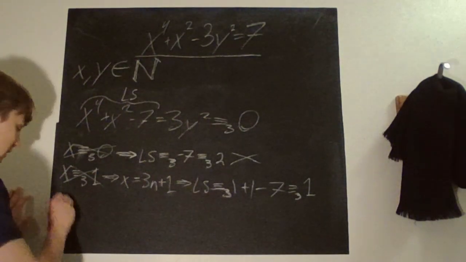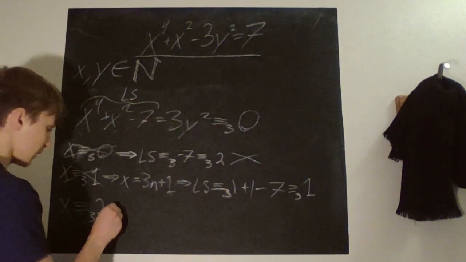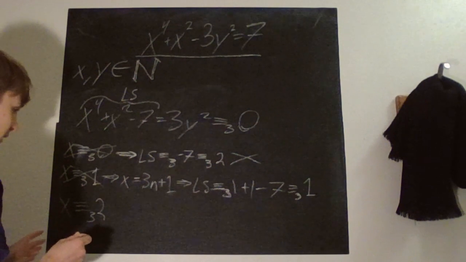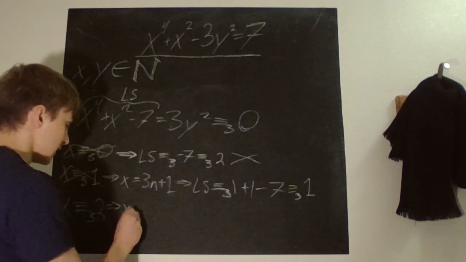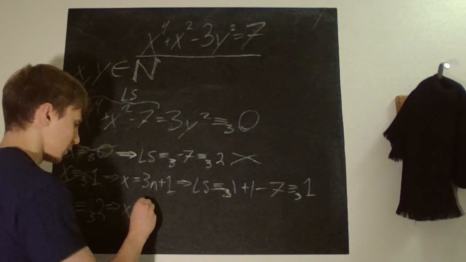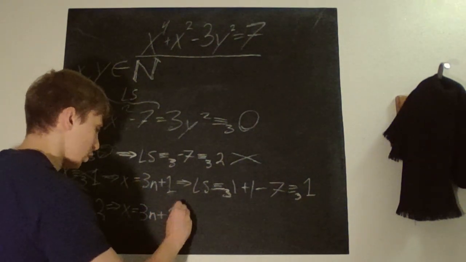And now for the last case, x modulo 3 is equal to 2. And here, I can just write down the same thing as above. So here we instead have that x is equal to some number times 3 plus 2.